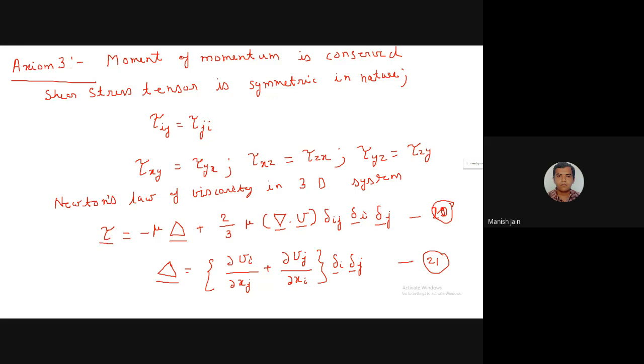Okay. Now if you want to expand this equation, then I can tell you the basic equation. So if you expand this equation, you will get tau xx equal to minus 2 mu del Vx by del x plus 2 by 3 mu del dot V. Okay.